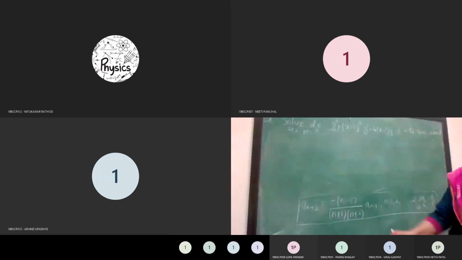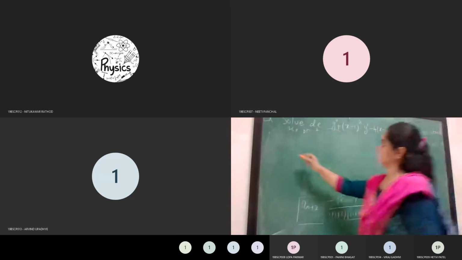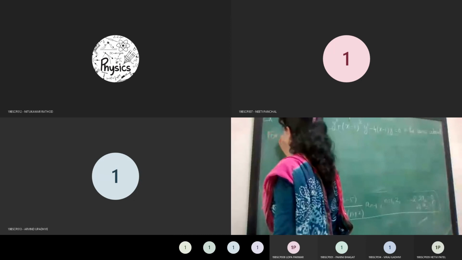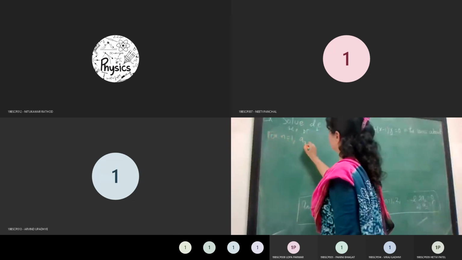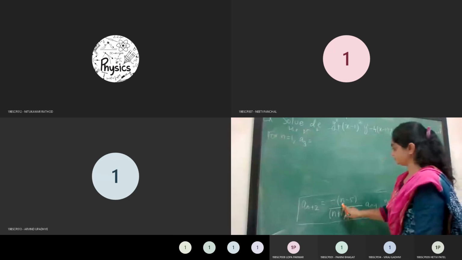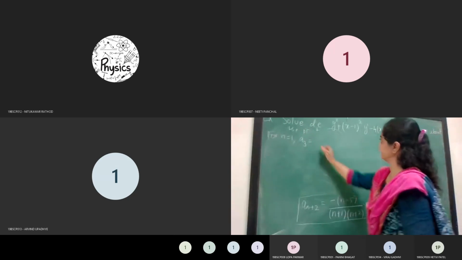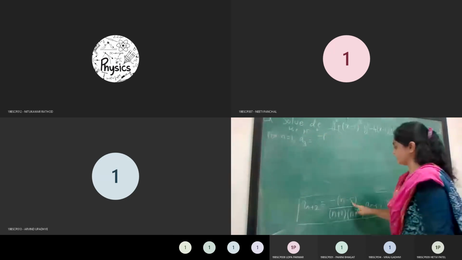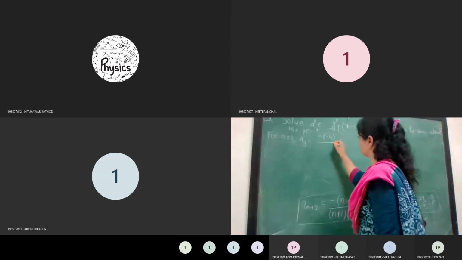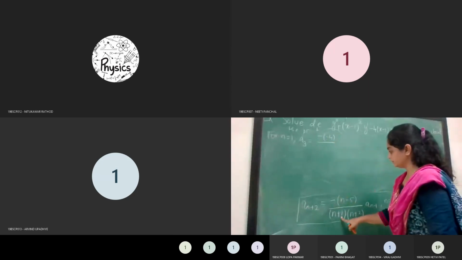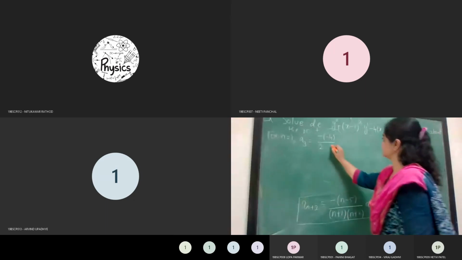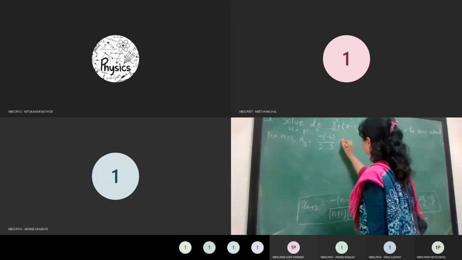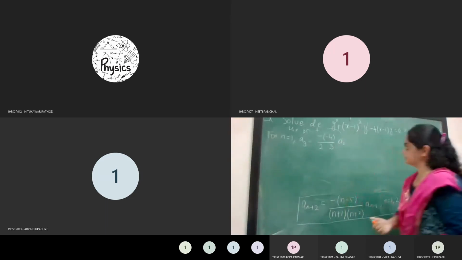So we have a2 is equal to 0 and for n is equal to 1, this will become a3. a3 is equal to, n is equal to 1, the negative sign, minus of 1 minus 4, so minus 4 upon 1 plus 1, 2 into 1 plus 2, 3 into a0.